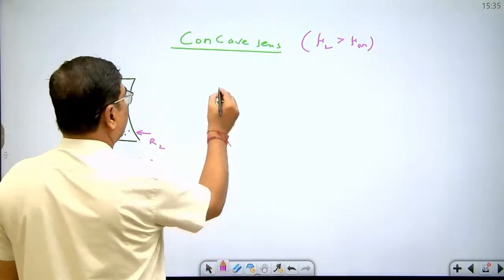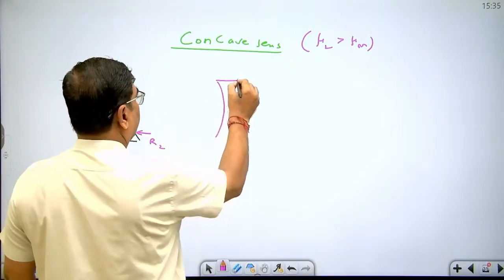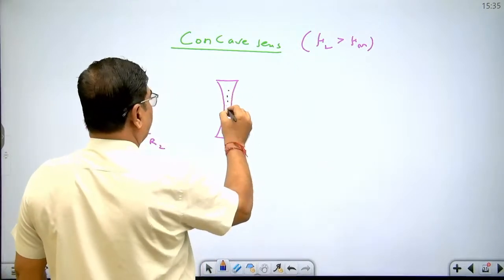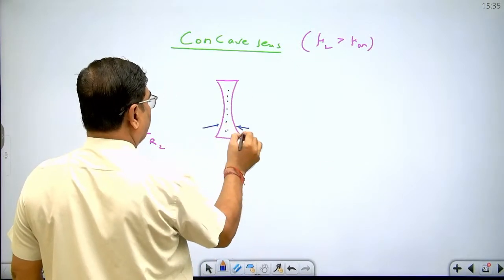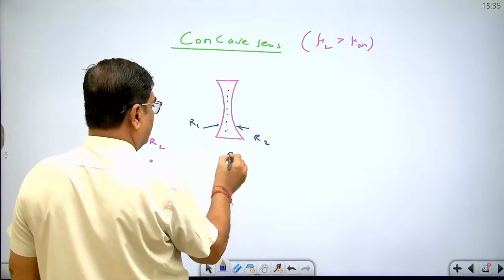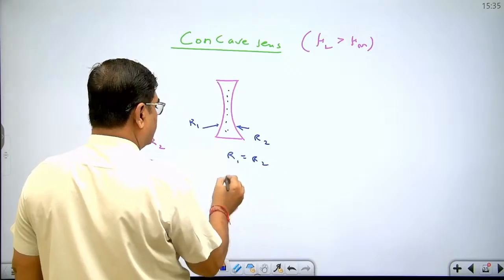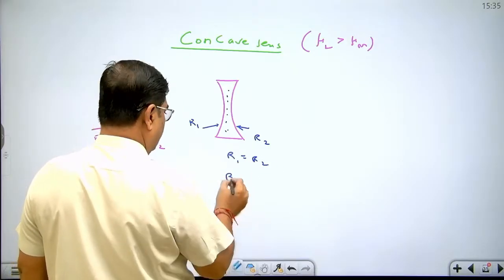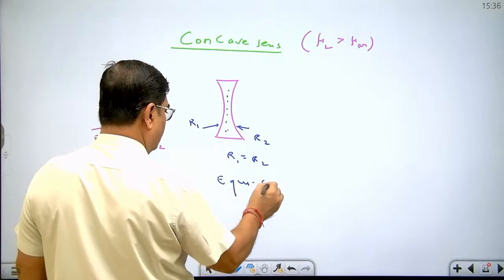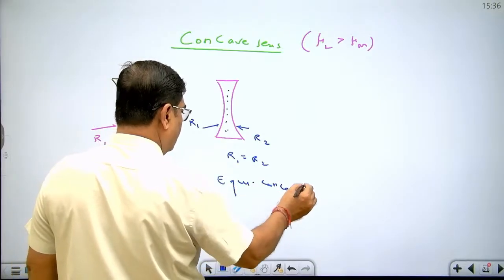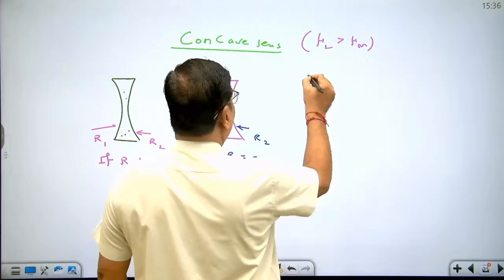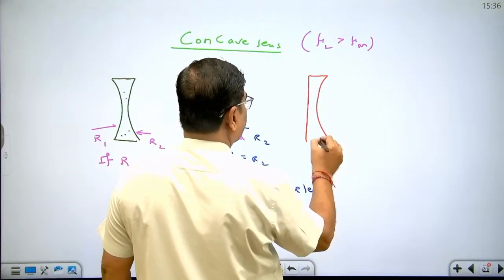Dear student, look at this case when R1 equal to R2. This is called equiconcave. And this is a case of plano-concave.